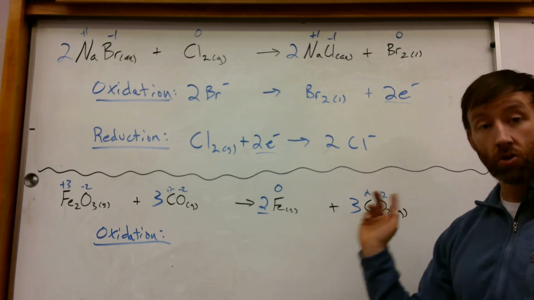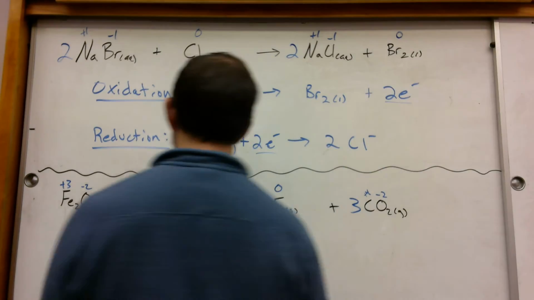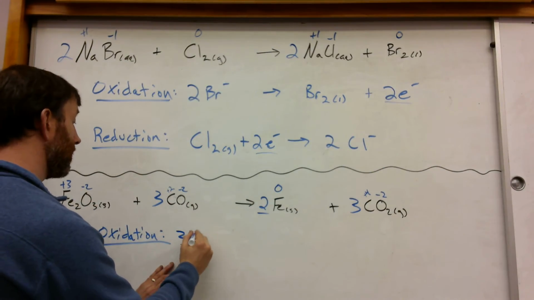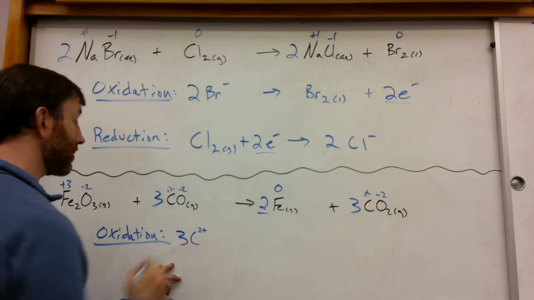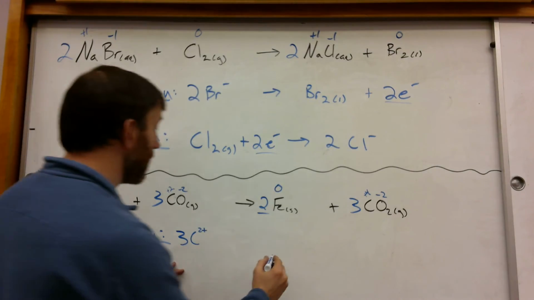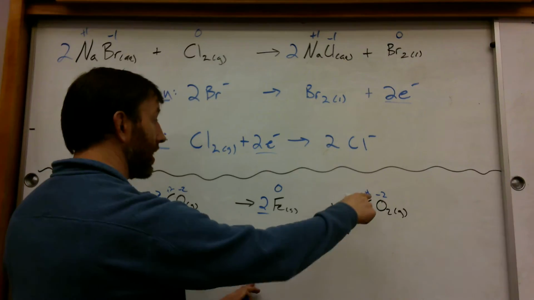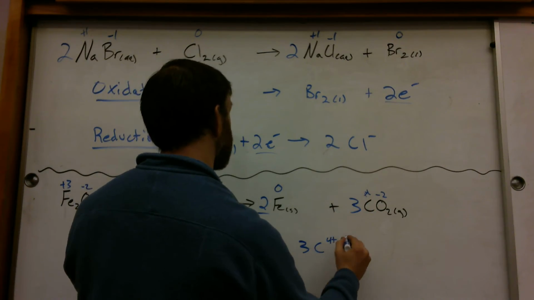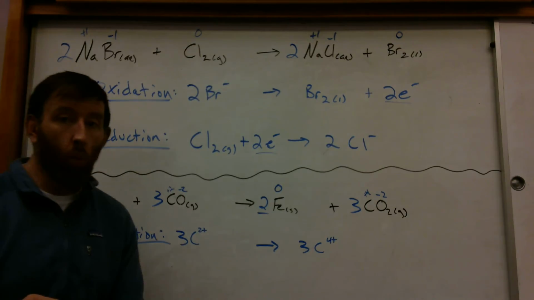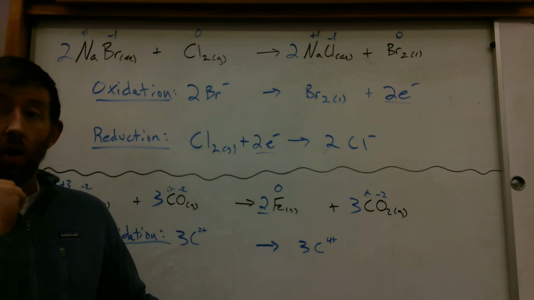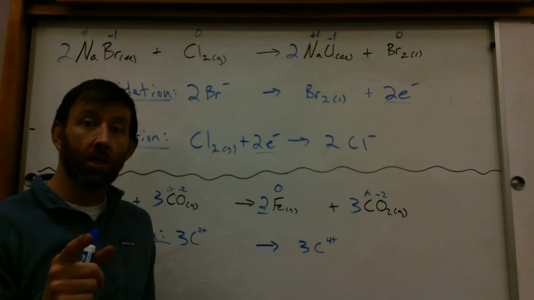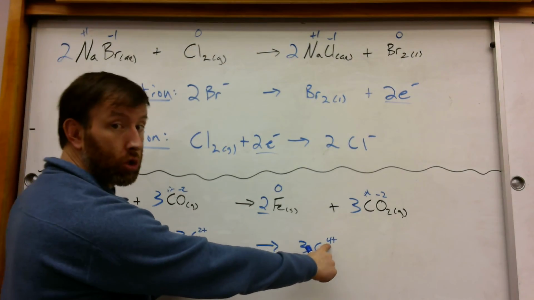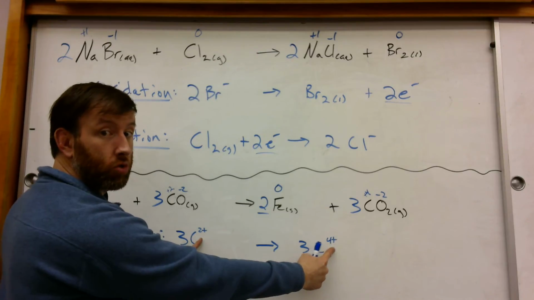All right? So here's how I'm going to write this. I have 3 carbon atoms on this side. I'm going to write 3C2+. Okay? And then on this side of the reaction, I have 3C4+. All right? So how many electrons are needed to make that change in oxidation number? My oxidation number changes by 2. So I go from a +2 to a +4.